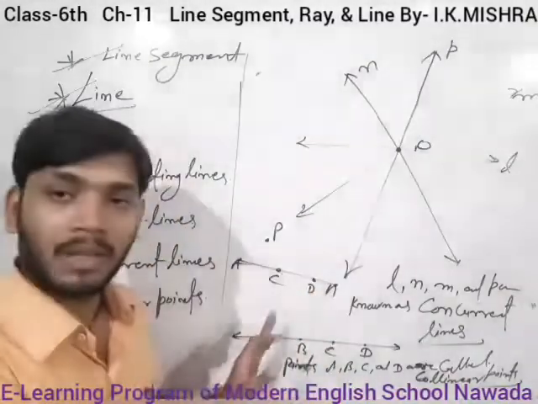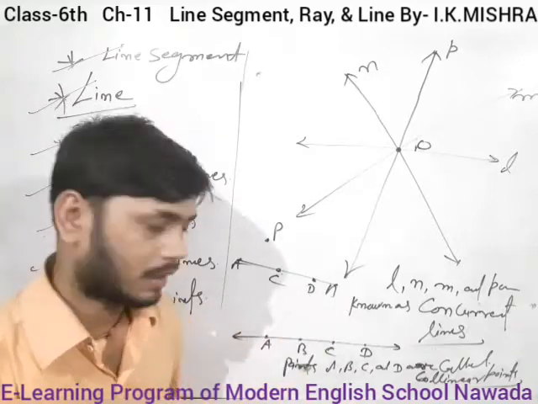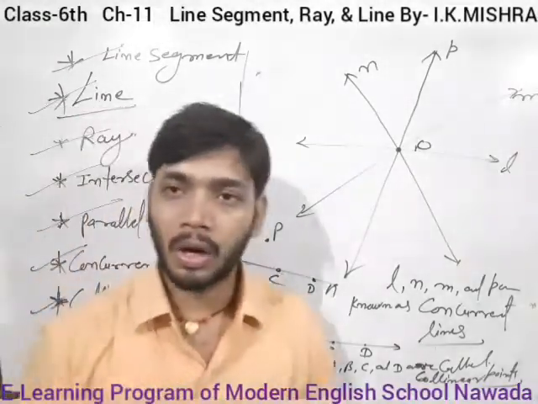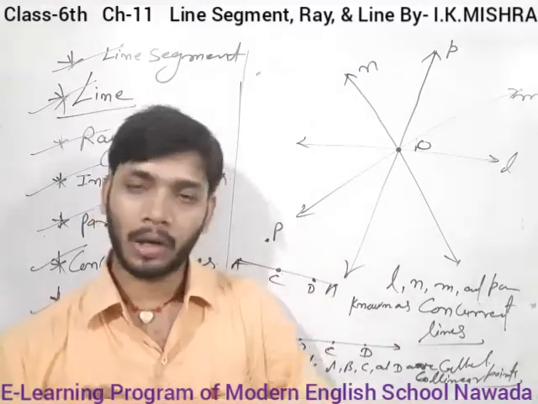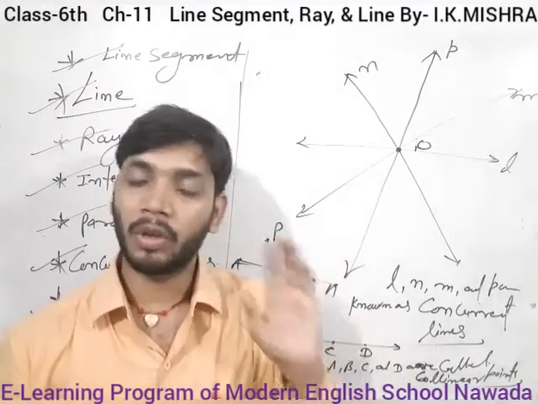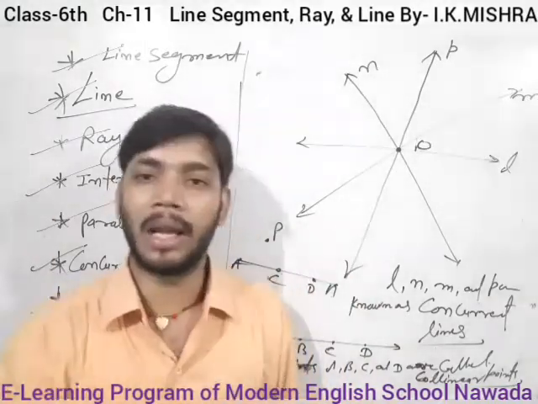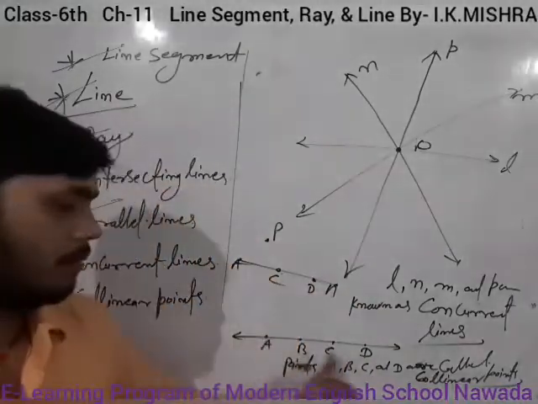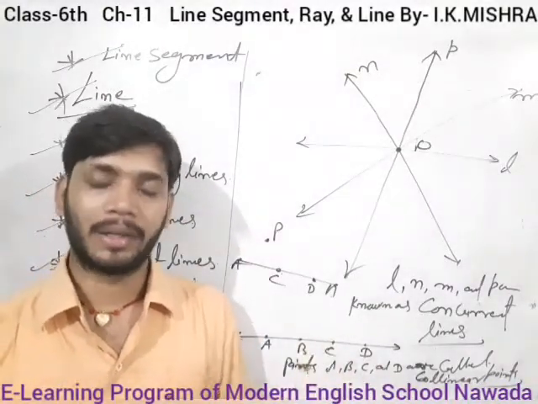But P is not collinear with A, B, C, D. Clear, friends? Points that do not lie on the line are not known as collinear points. Collinear points are those that lie on the same line.